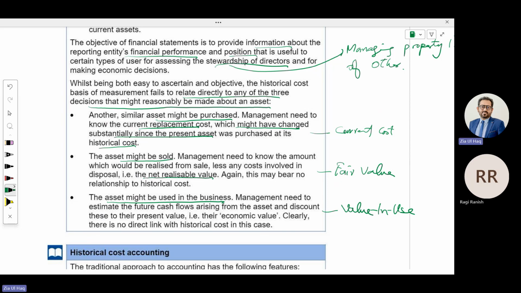To know what we can realize by selling the asset, the fair value less cost to sell method will be used. And if we are using the asset, for the benefit it will provide in future, we need the value in use method. So we need to estimate the future cash flows arising from the asset and discount these to their present value, i.e. their economic value. Clearly, there is no direct link with historical cost in this case.